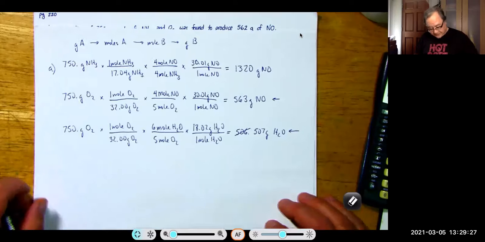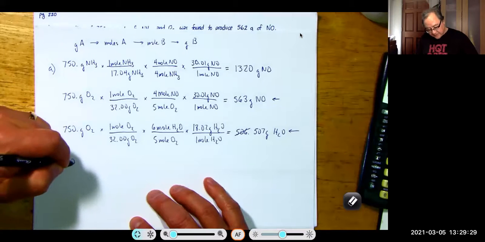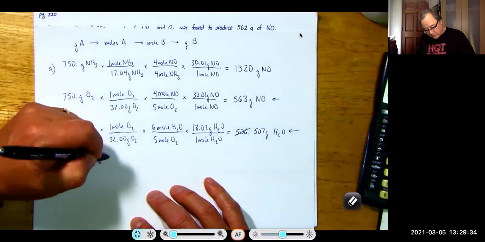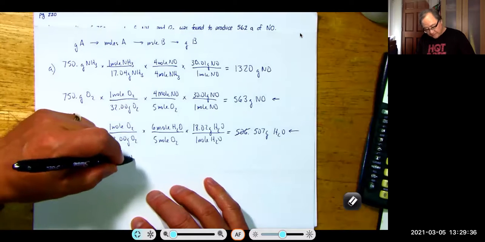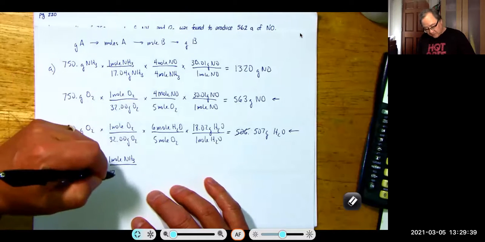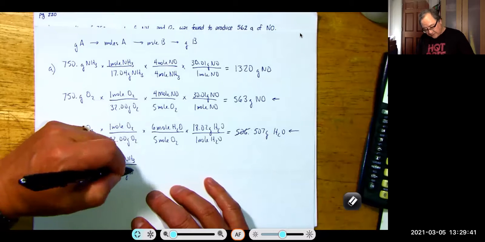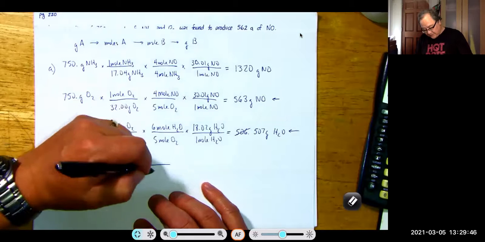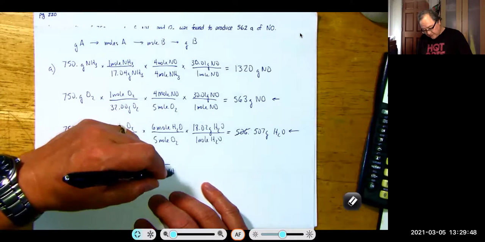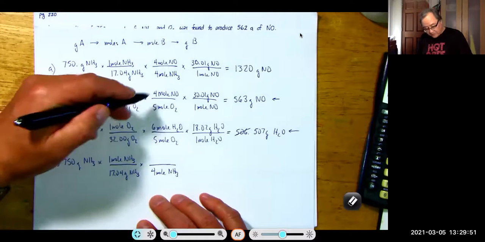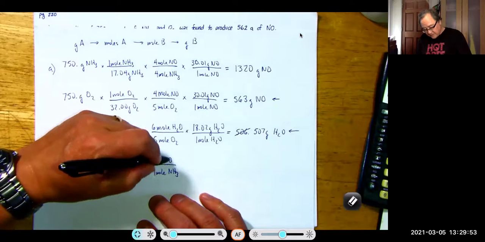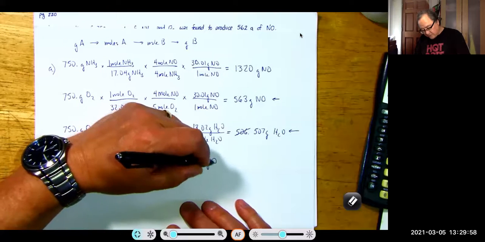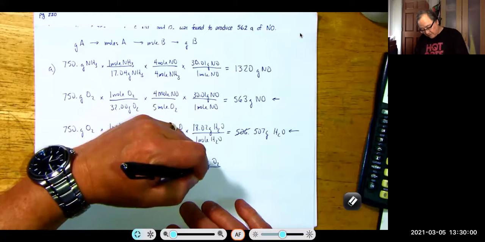So we can do this. 750 grams of NH3 times 1 mole of NH3 per 17.04 grams of NH3, times 4 mole of NH3 and 5 mole of O2, and then times 32.00 grams of O2 per 1 mole of O2.